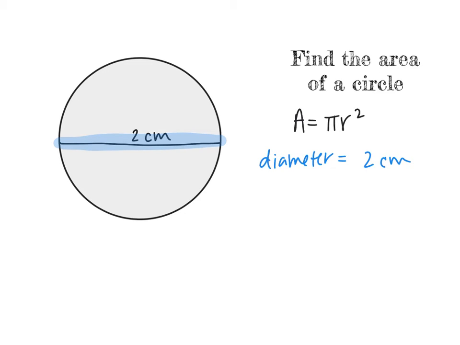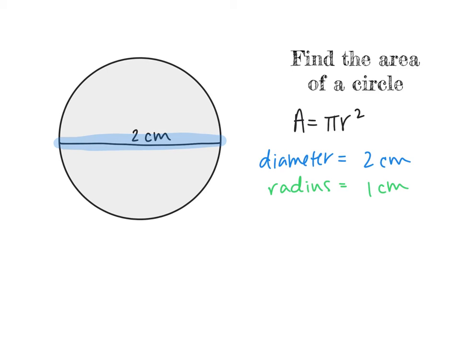Well, my formula, it doesn't have diameter in it. So what am I supposed to do? I need a radius. How do I figure it out? Well, if my diameter is 2, what do we think our radius is going to be? Well, remember, radius is half of your diameter. So my radius here is 1 centimeter.